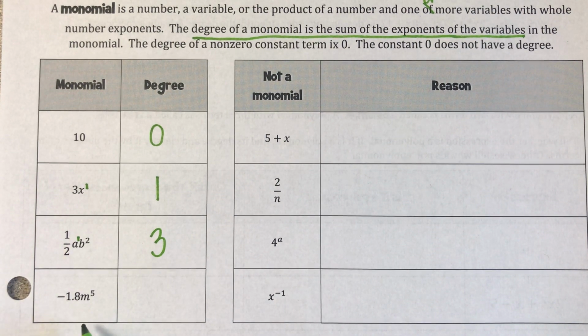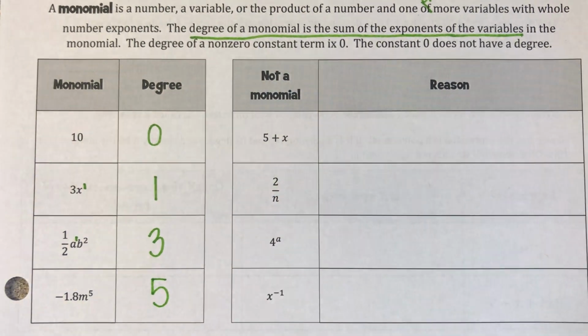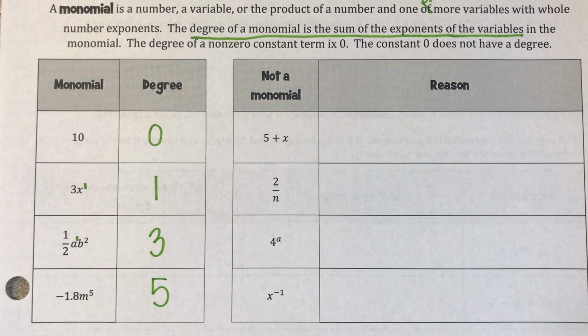Okay, negative 1.8 m to the 5th. That is a monomial. It is a number multiplied by a variable with a whole number exponent. So the degree of this one would be 5 because it only has one variable and that has an exponent of 5.